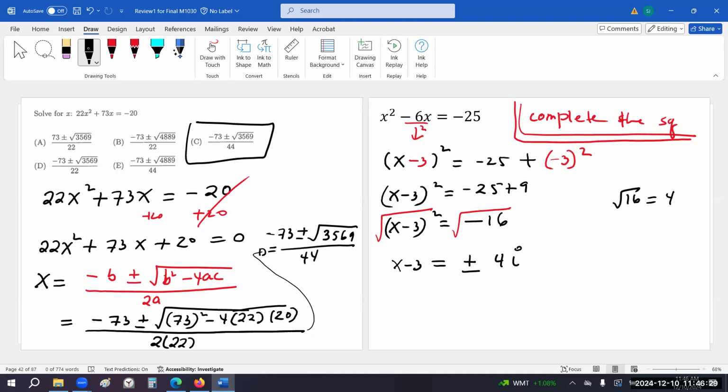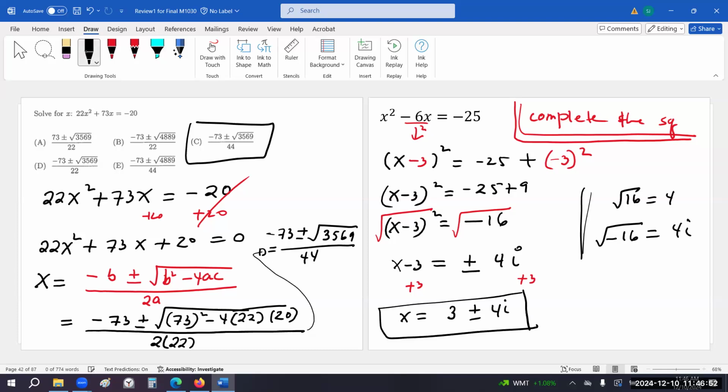See, it's an imaginary number. Square root of -16 is 4i. And it's plus minus because you're solving for a variable. When you solve for a variable, we have to have two choices. The last thing we do is add 3. So x is 3 plus minus 4i, or it's 3 plus 4i and 3 minus 4i.